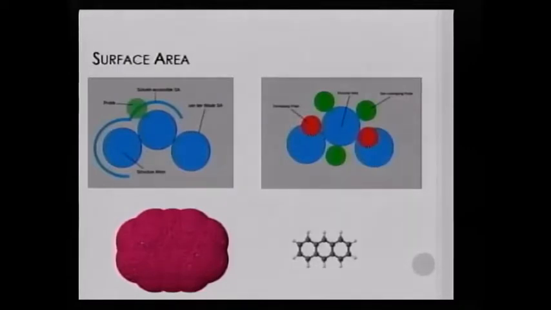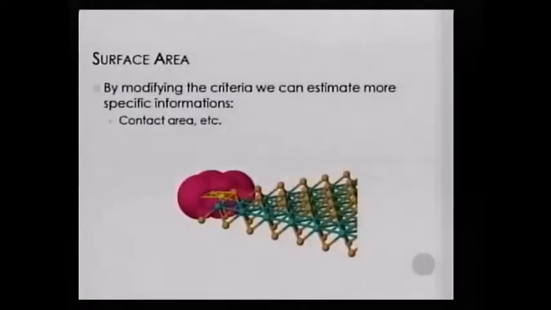So as I was saying before, we can modify this criteria to study more specific systems. So let's say, for example, that you're studying the adsorption of molecules or clusters on other systems, which is the case here. You are studying the adsorption of gold clusters on TMDs.